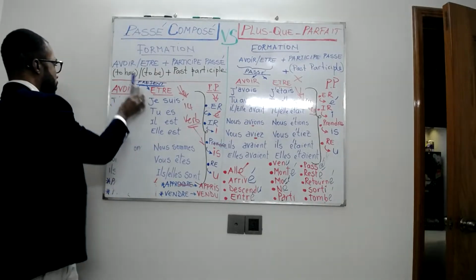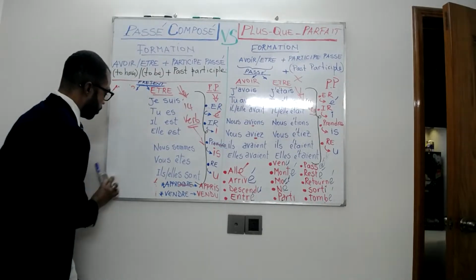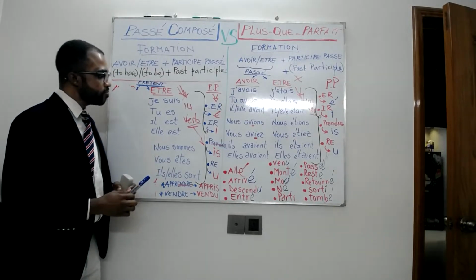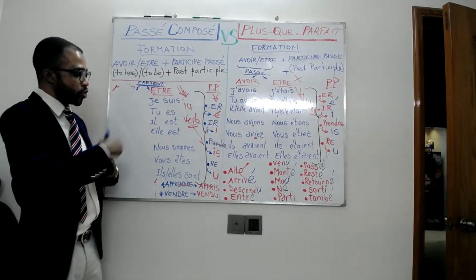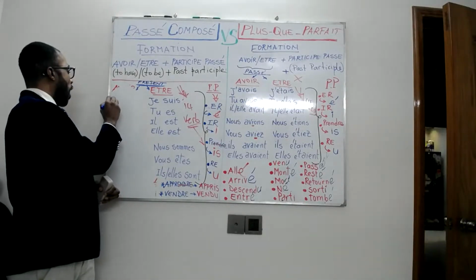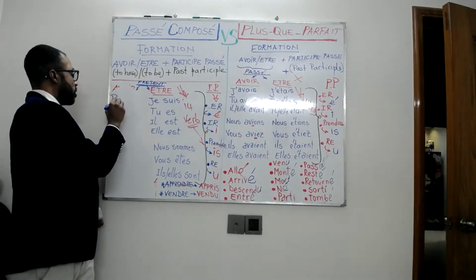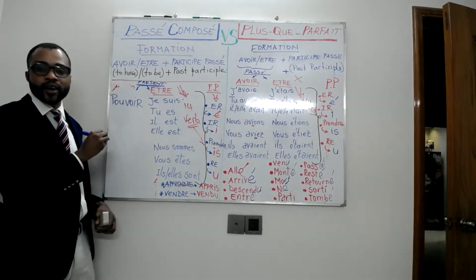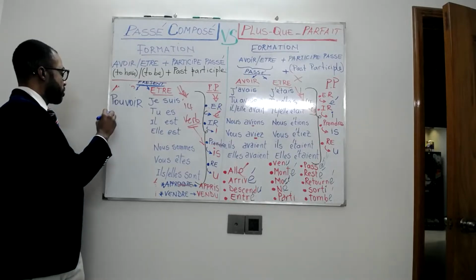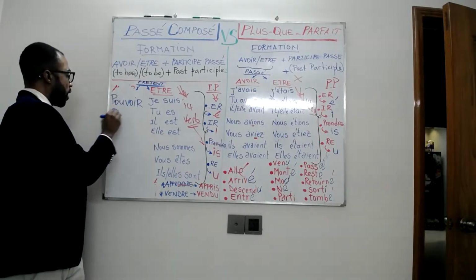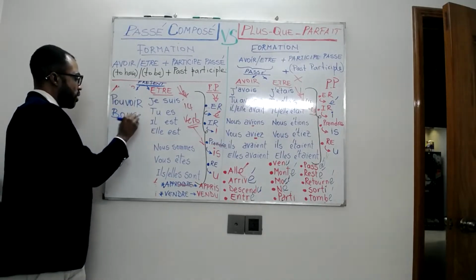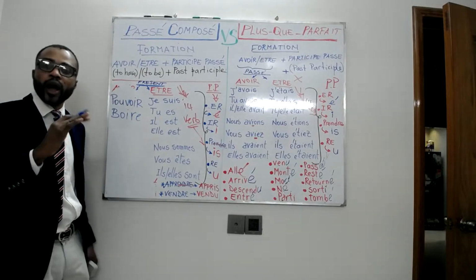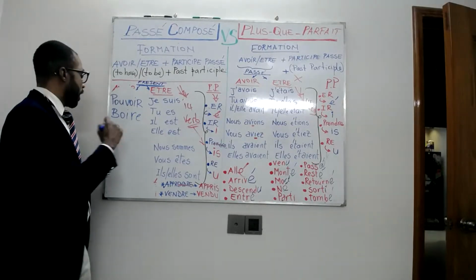So I'm going to erase here. So I unfortunately erased those verbs. So pouvoir. Verb pouvoir. All right. Boire. They are also irregular verbs, but how to master their uses.